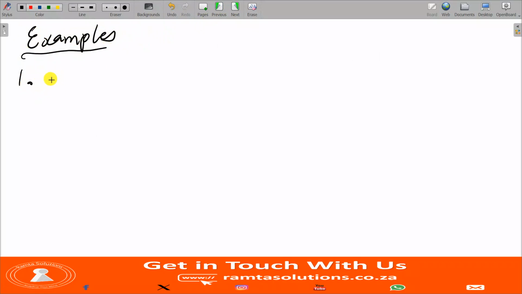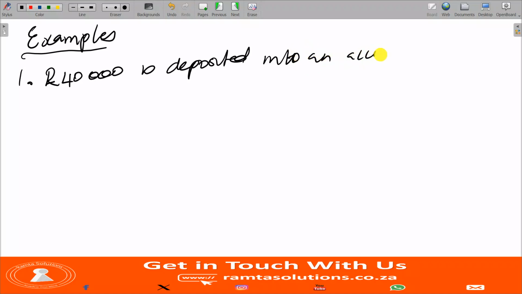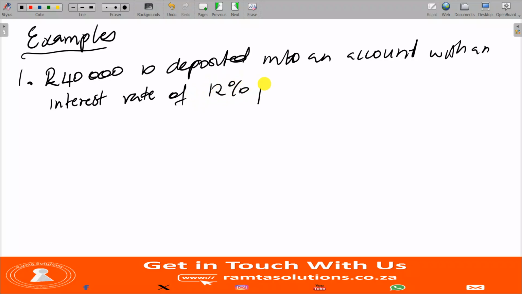Example number 1: 40,000 rand is deposited into an account with an interest rate of 12% per annum, compounded.